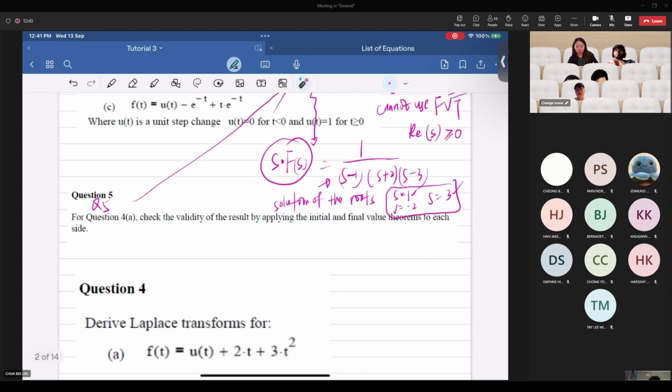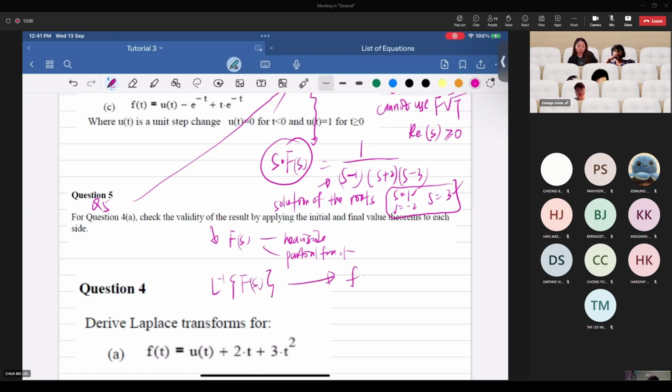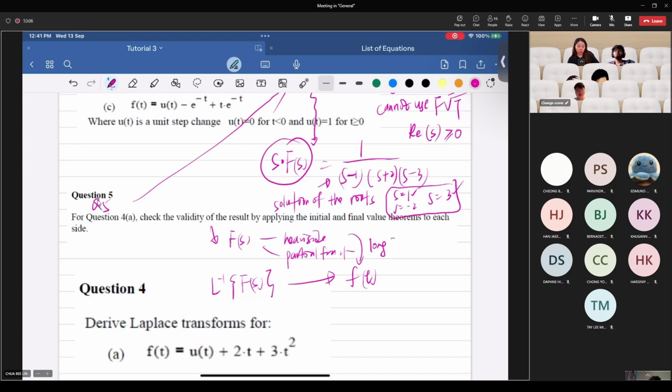So here may involve a lot of things like Heaviside and partial fraction, and then you inverse Laplace to get back everything as a function of t. From here to here is actually a long journey, involving a lot of maths.